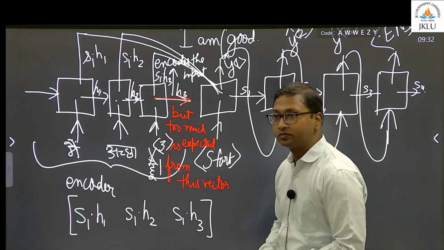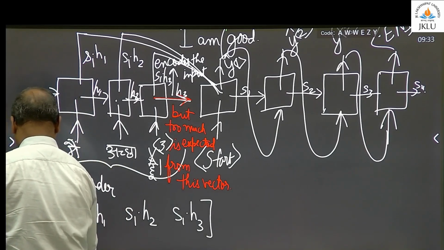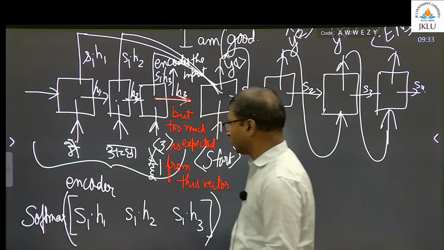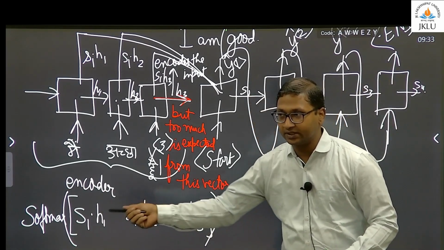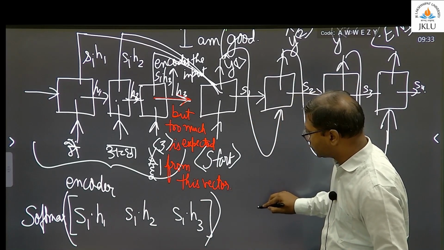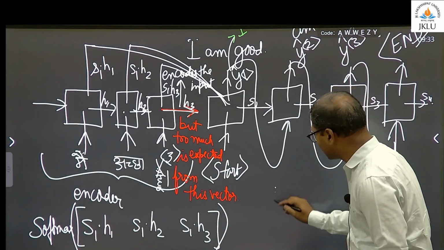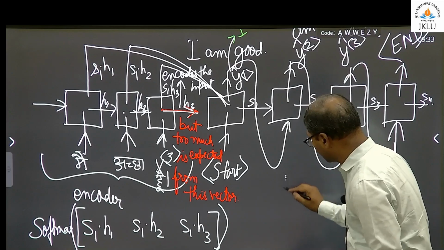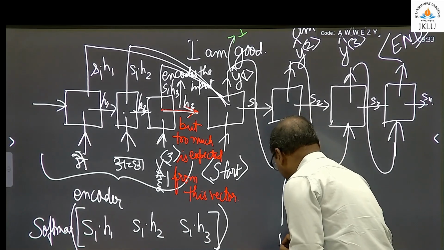So what do I do? I take softmax. What does it give me? A probability distribution over these three things. Let's say the probability distribution is this, for मैं.